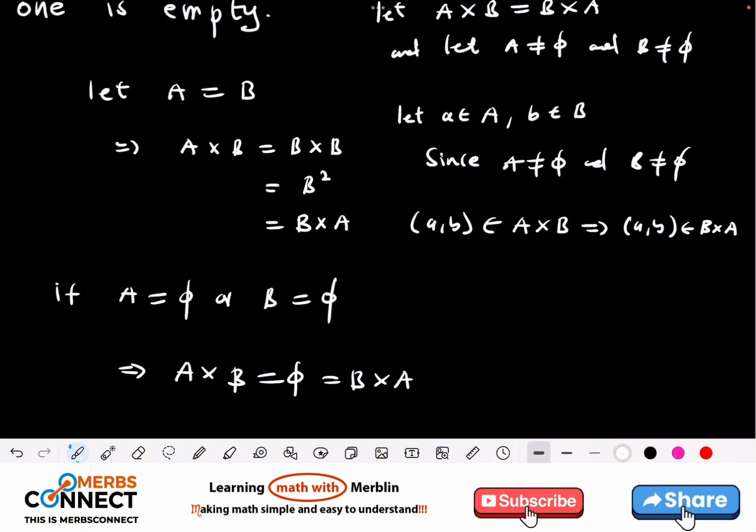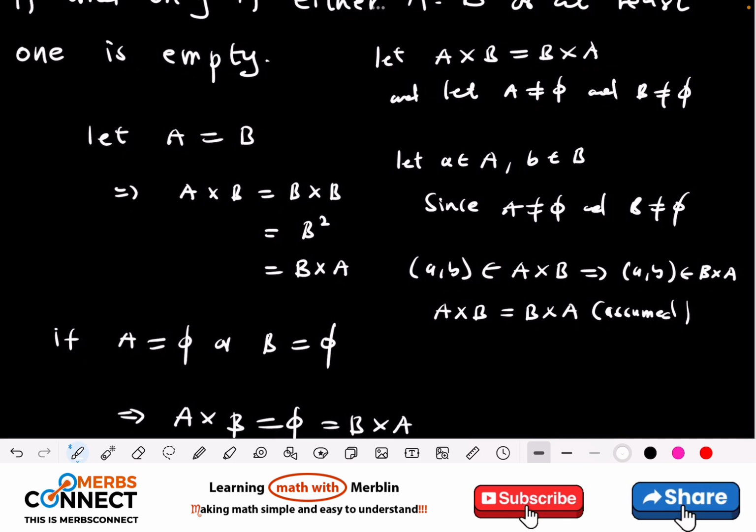Good. So this is what you are going to get at the end of the day, because here we have assumed that A cross B is the same as B cross A, right? So this is assumed. That's what we started with.